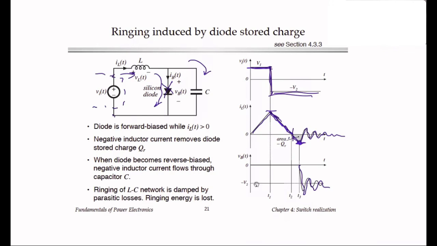Eventually that ringing decays to 0 by parasitic losses in the circuit. So we have the resistance of the inductor winding, we have core loss and other such losses in the circuit, and something damps out the ringing and makes it decay to 0. Whatever damps it dissipates the power, and so it will get hot. And this is in fact a form of switching loss.